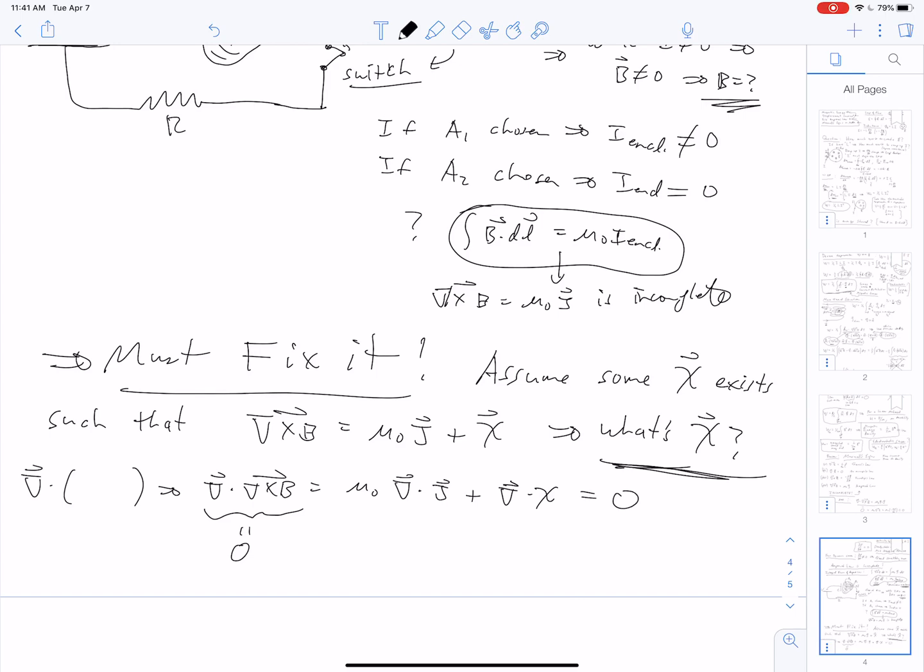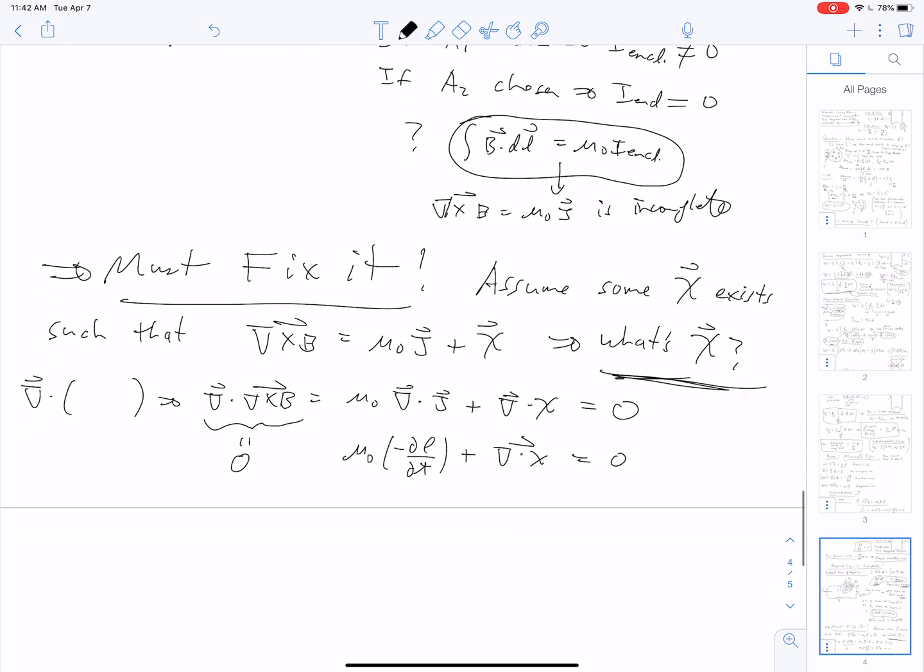But then we'll notice also that the continuity equation is always true if there's conservation of charge. So we have mu naught negative d rho dt plus del dot chi equals 0. But then we'll do a little trick.